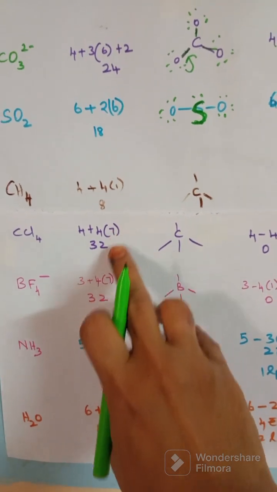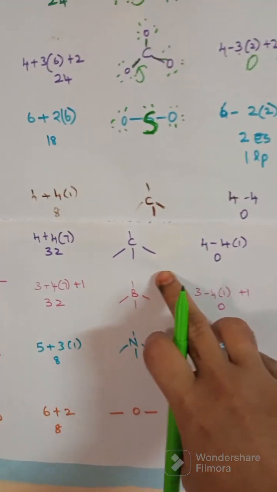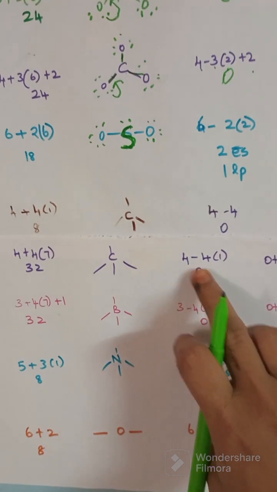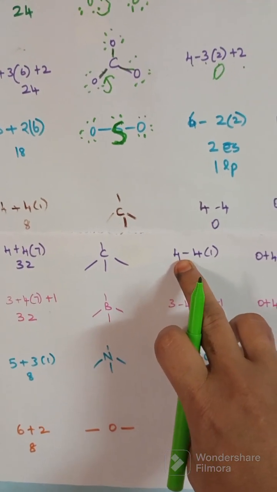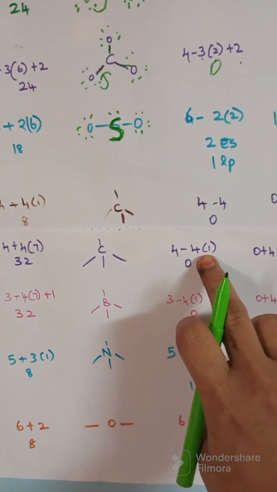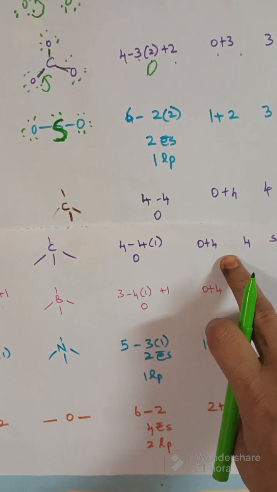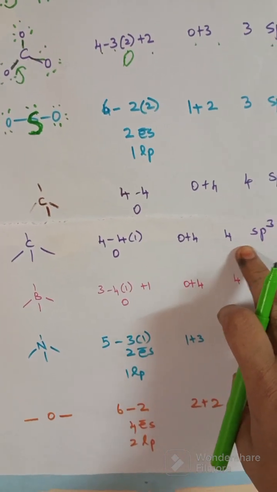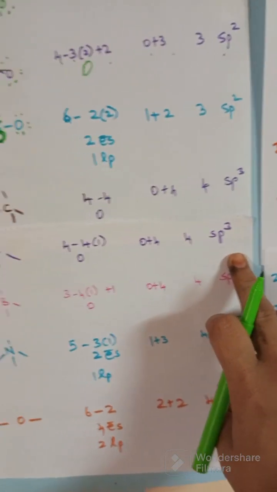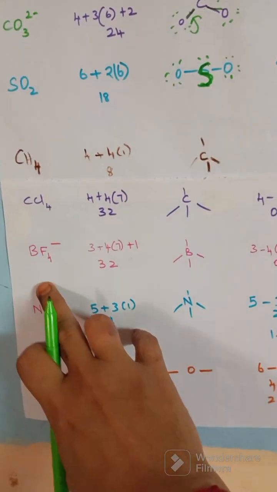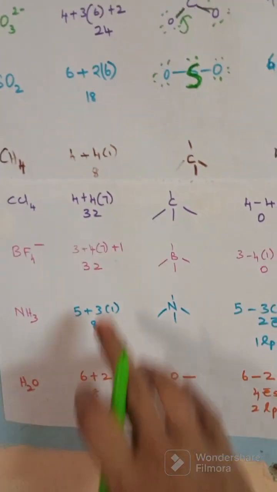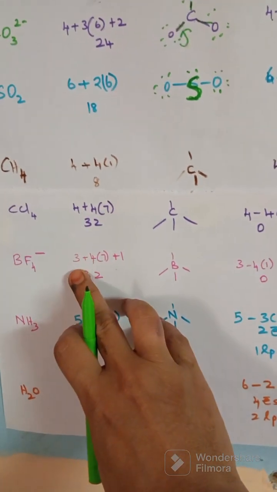Group number of chlorine is 7, 32. So we get it like this. 4 group number minus 4 surrounding atoms into valency. So no lone electrons. Hybridization comes to 4. So sp3 hybridization.